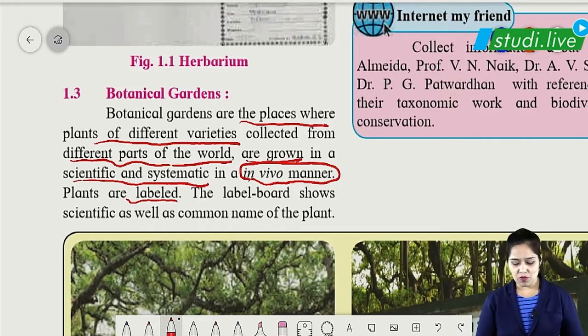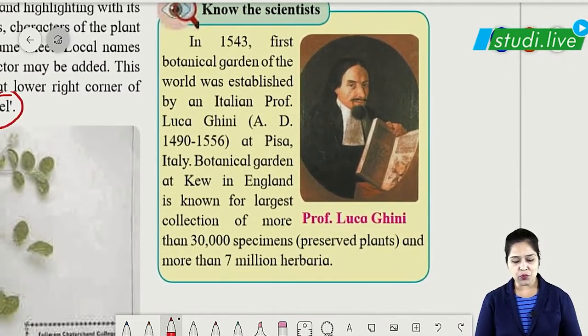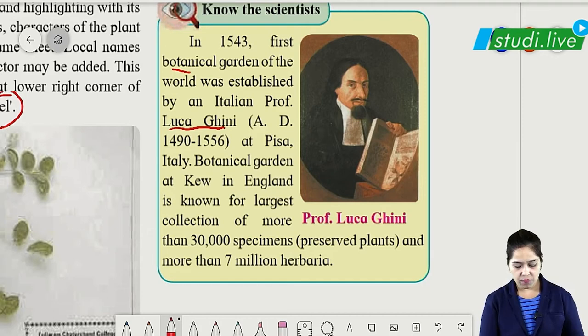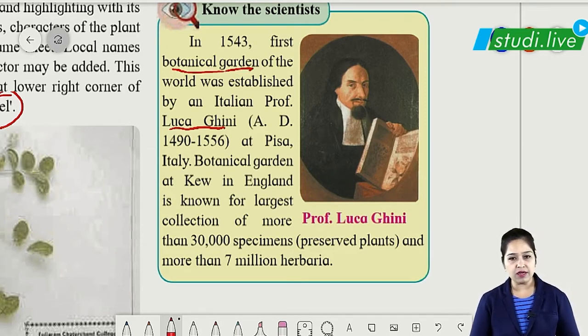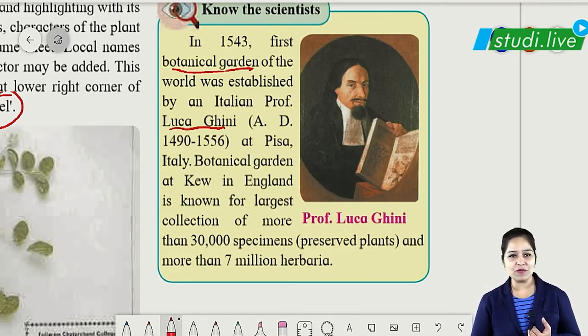Our third topic which we have to see is about the museum. But before that, here you could see this is Luca Ghini, who has given us the herbarium we had seen, and he has also established the first botanical garden of the world. So Luca Ghini gets two credits. First, he has introduced to us the herbarium, and he has also established the first botanical garden at Pisa, in Italy.